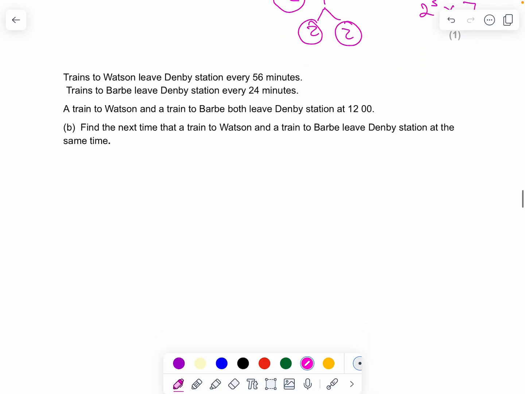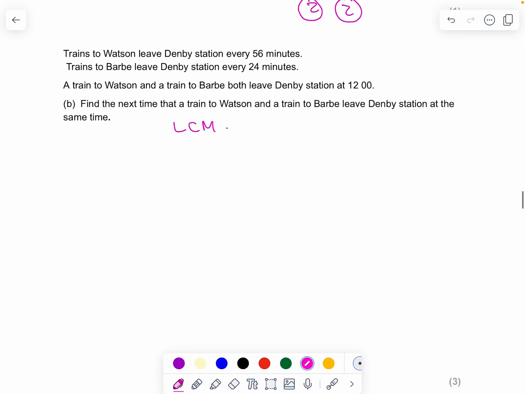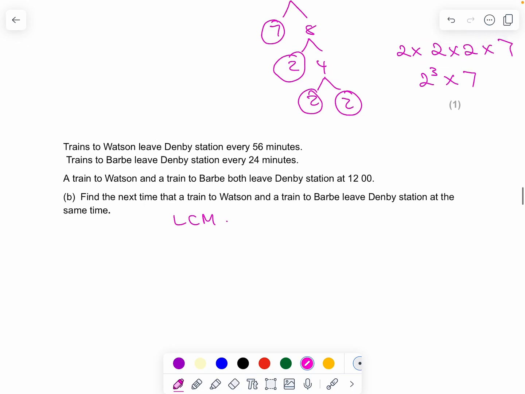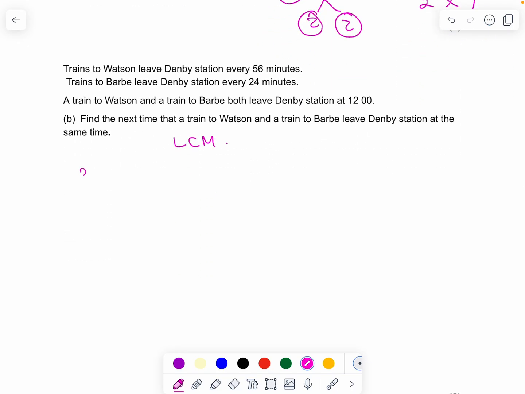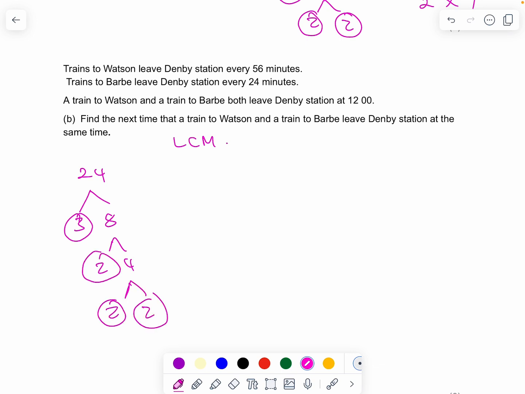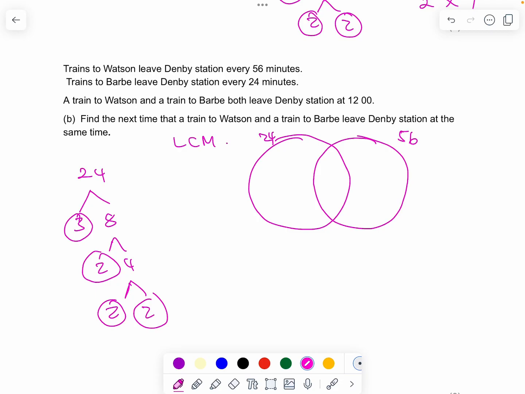Okay, this was a secret LCM question. Any process of finding the LCM works, but I prefer Venn diagrams. I've already done the prime factor tree for 56 in part A, so I'm going to do it now for 24. So 3 times 8, 2 times 4, and then 2 times 2. I draw my Venn diagram for 24 and 56.